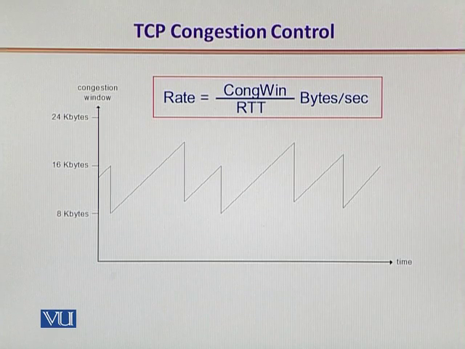With this increase or decrease in the overall congestion window, the effective rate that the user is going to experience is now a function of how much time it takes for the acknowledgements to arrive. That is determined by the round trip time and the congestion window at various time instances. So the rate is the congestion window, represented in kilobytes, divided by the time it takes, the round trip time, RTT.